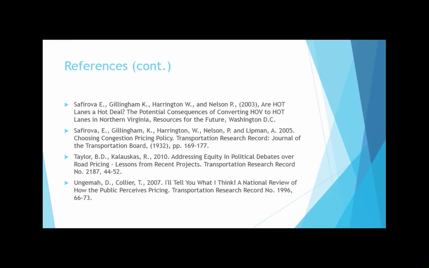Yes, a lot of the projects do use HOV lanes that are underutilized because that's a very good situation for a HOT lane to be successful. However, there are projects, I believe the 495 Express Lanes in Virginia was completely new, they just built it as a HOT lane facility. So that is possible, but it's more common due to cost constraints and other things to convert HOV lanes to HOT lanes.